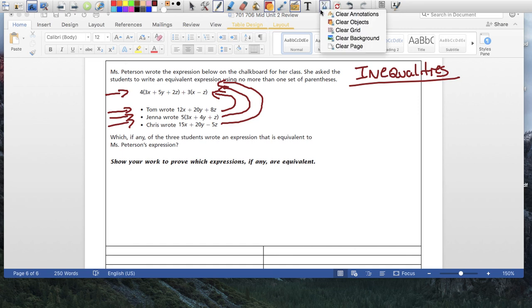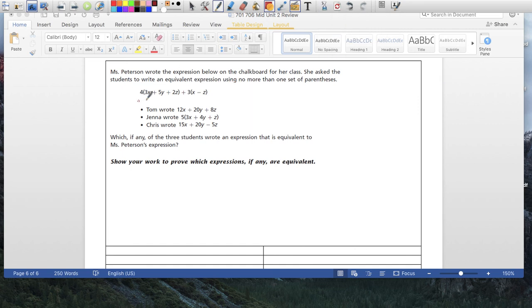In order to do this, obviously you have to figure out, let's simplify, because all the students look like they simplified the teacher's expression. So let's take the teacher's expression, simplify it, and then we can compare it to what the students did.